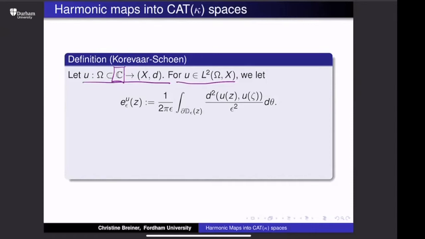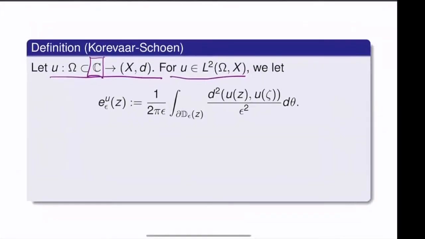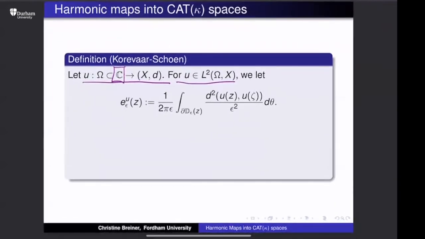And this is given by averaging the displacement. You average the displacement over the sphere of radius epsilon about the point Z. So you fix a point Z, you average the displacement over that. And the nice thing is you have these symmetric neighborhoods as epsilon tends to 0.